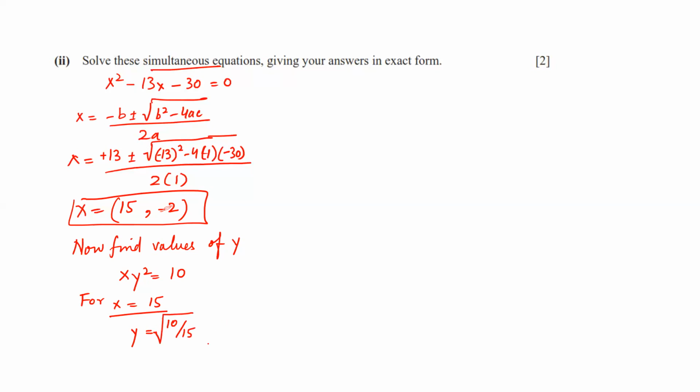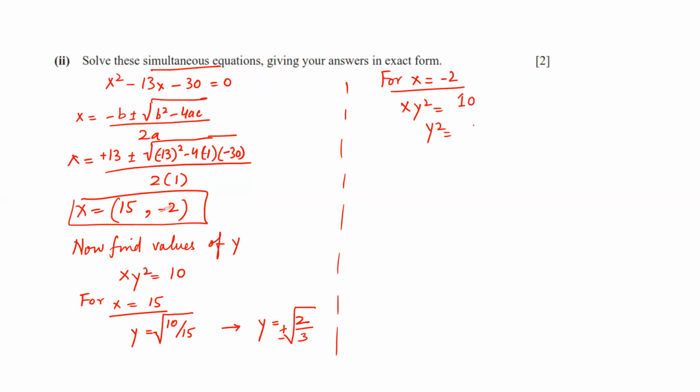This comes out to be y equals plus minus the square root of 2 by 3. So for x equals 15 you have these two values of y. Similarly for x equals minus 2, x y squared equals 10, so y squared is equal to 10 divided by minus 2, which is equal to minus 5.